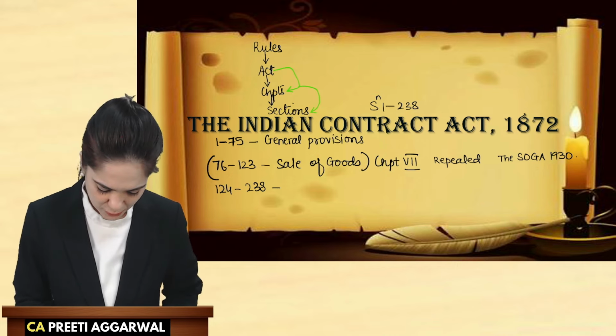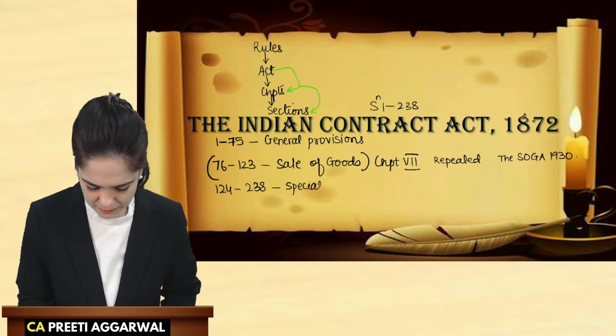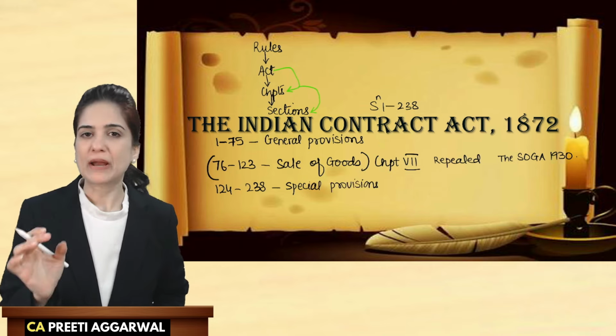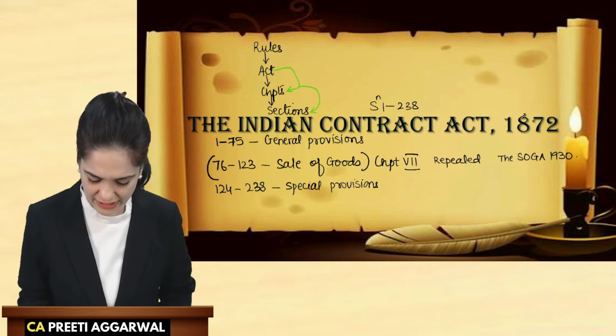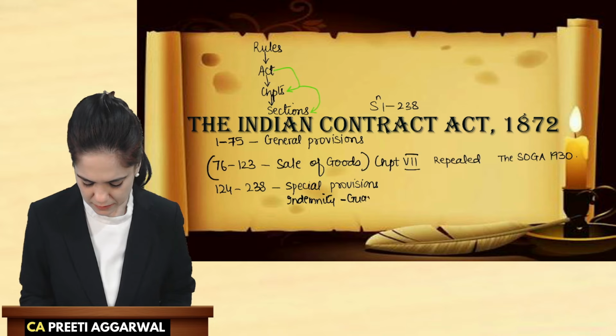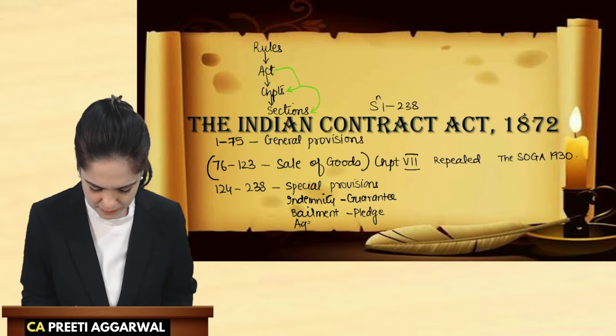Section 124 to 238 cover provisions which relate to certain special kinds of contracts. So these are special provisions which apply to special types of contracts like indemnity, guarantee, bailment, pledge, and agency.